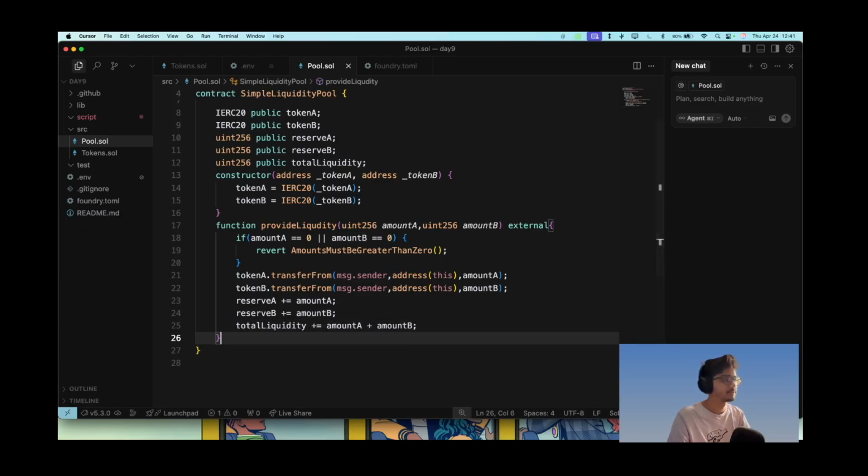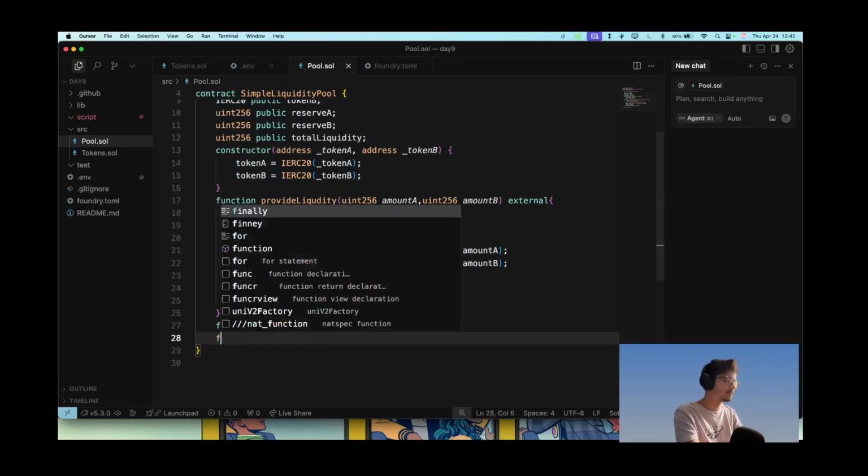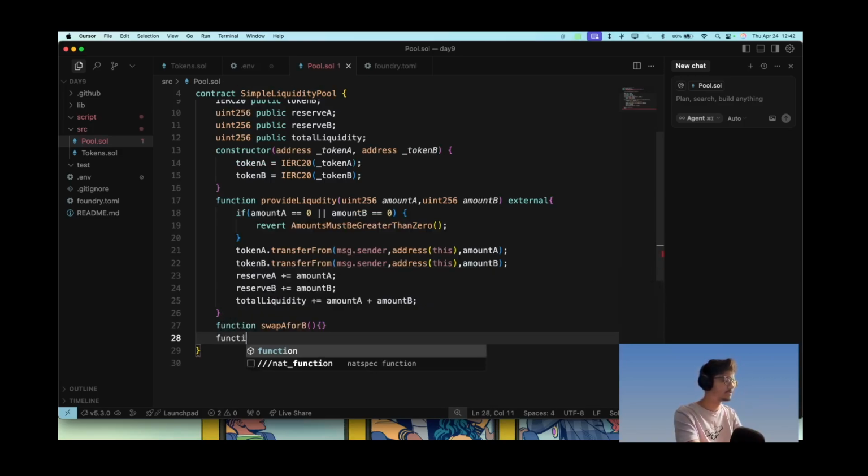So now let's get this. Function would be swapAforB and swapBforA. So we have two functions here, swapAforB, and let's close that and we'll write it later, function swapBforA.